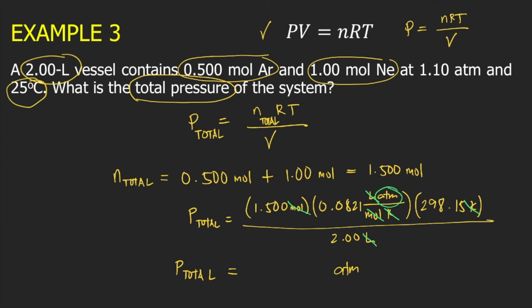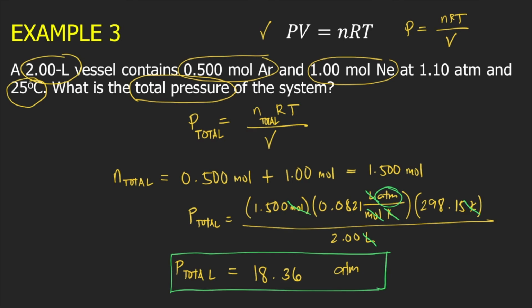And that is equal to approximately 18.36 atm, which is the same answer that we got using solution 1. So again, there are two solutions to this problem, and it's up to you which solution you will use depending on your convenience.